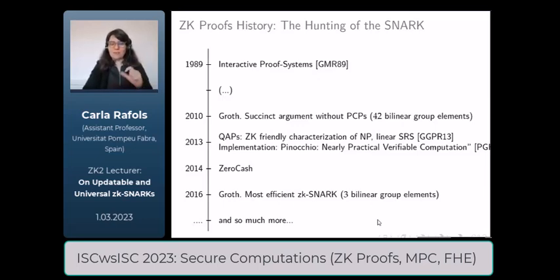And this motivated people to start implementing this in practice and using SNARKs for proving financial transactions and so on. And this brings us to 2016, where Groth had a pairing-based SNARK that was super efficient. It costs only 3 group elements to prove that a statement of arbitrary size was true.